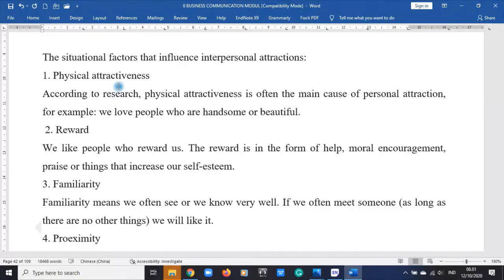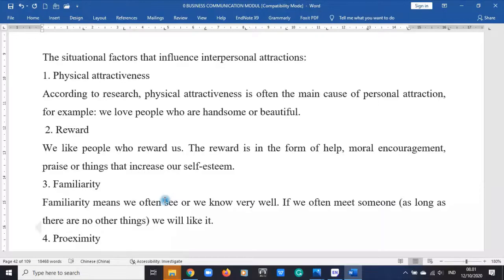And then the next thing is we tend to like people who reward us, give praise, or give things that can make us happy or increase our self-esteem. And then next, familiarity: when we see a specific person often, or we know them very well, then we will like that person.